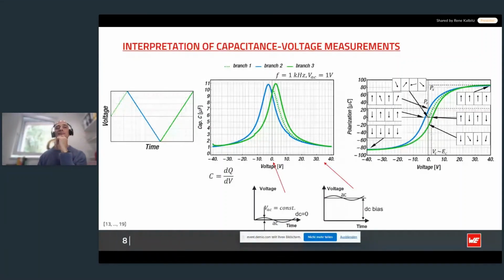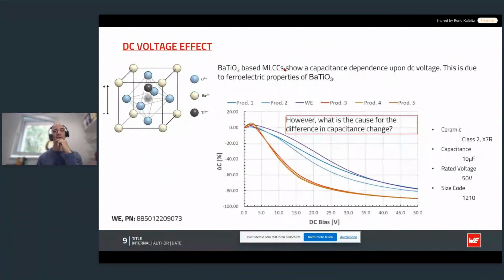So that behavior, which I just described, is in principle the same for all class 2 MLCCs. However, depending on the material composition, the ferroelectric behavior may vary.